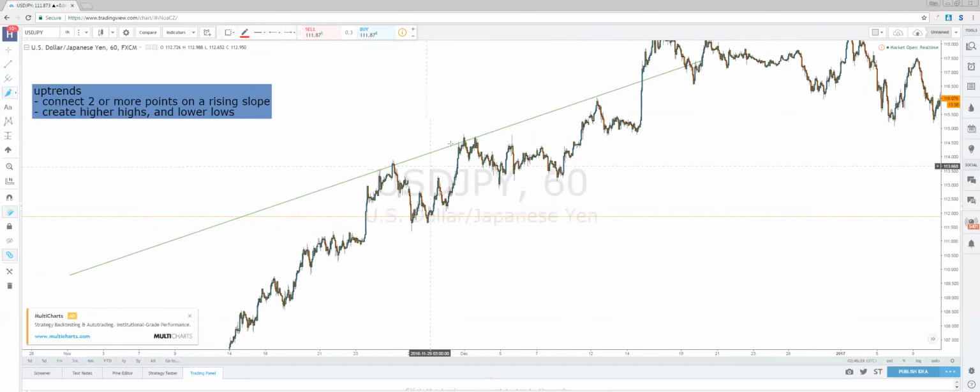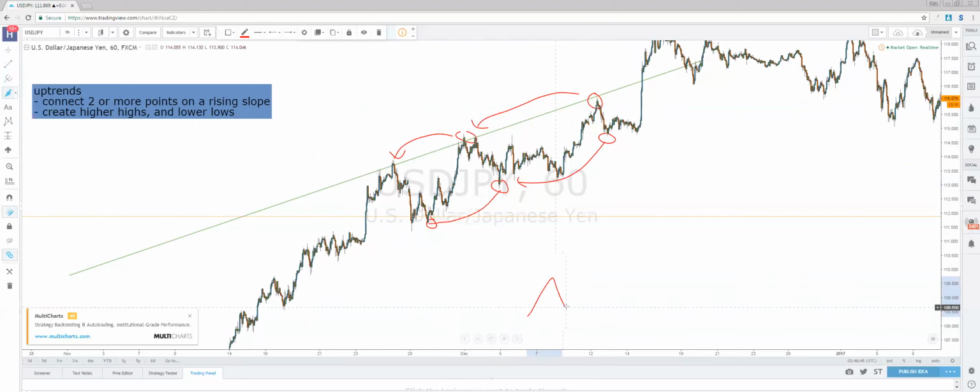This high right here is higher than this high. This low is higher than this low. This high is higher than this high. This low is higher than this low. Do you guys see that? It's creating these peaks that get higher and higher.